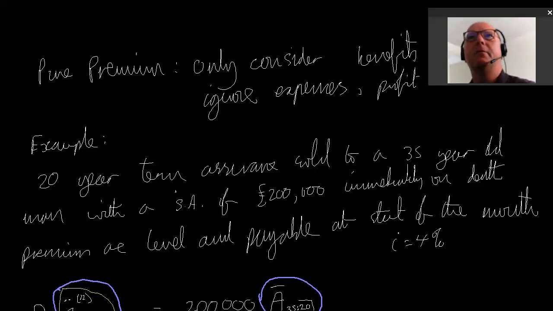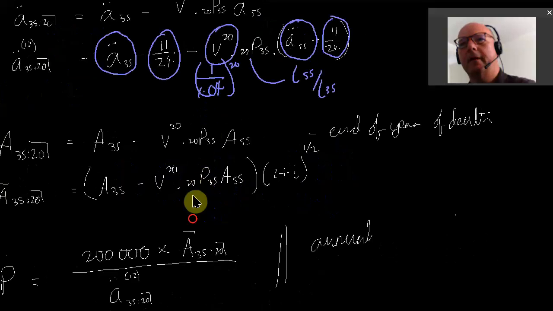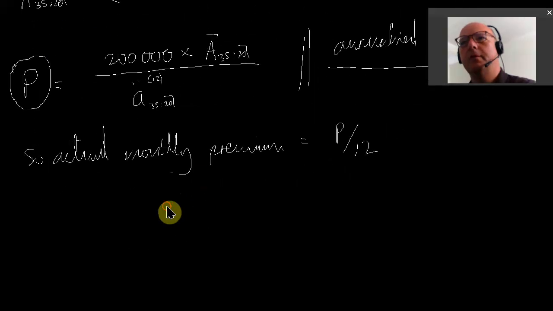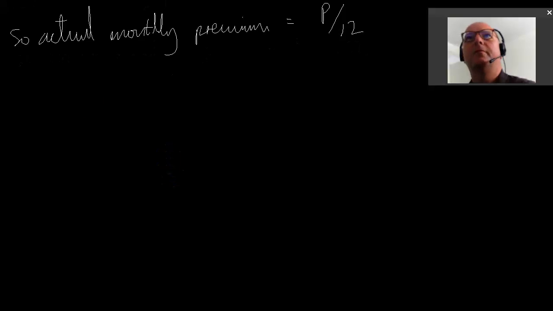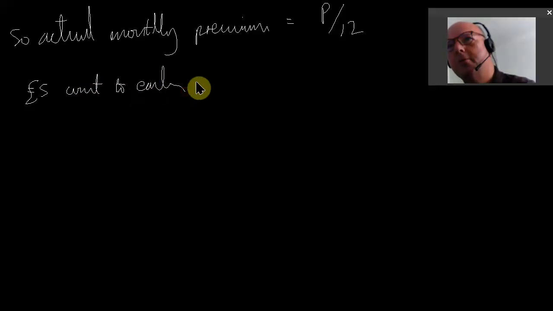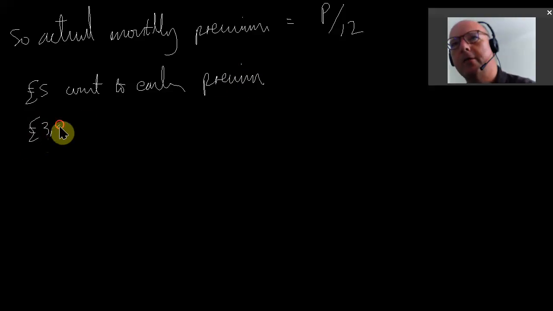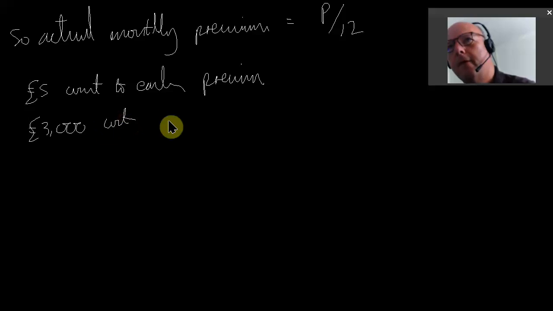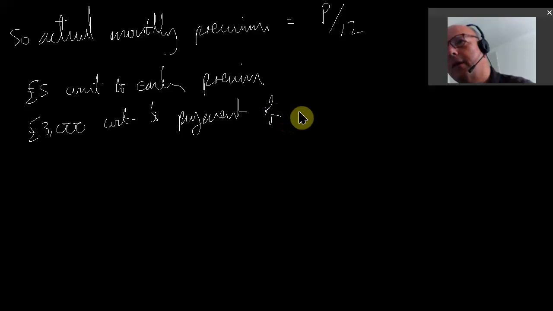Okay, so we're going to do the same question, but this time we're going to add in a couple of features. So we're going to assume there is a £5 cost to each premium, and there is a £3,000 cost to payment of claim.